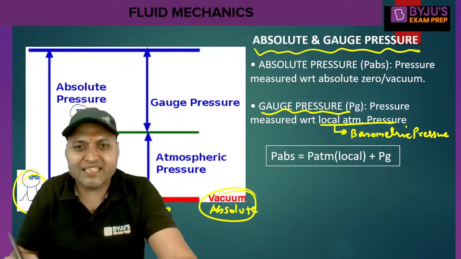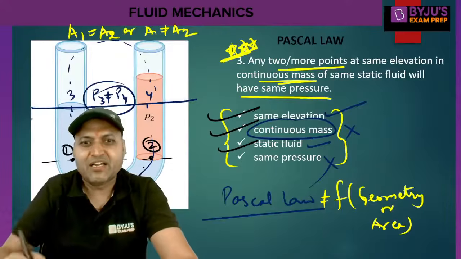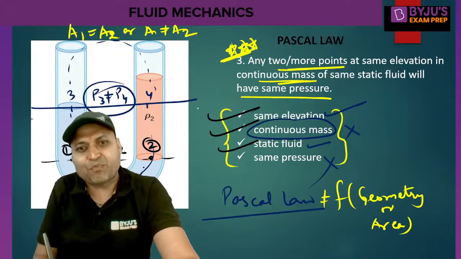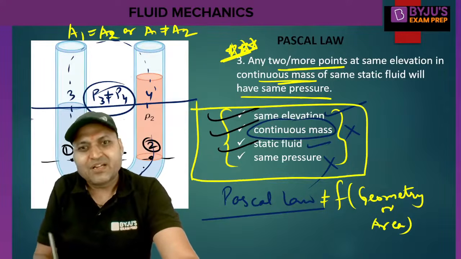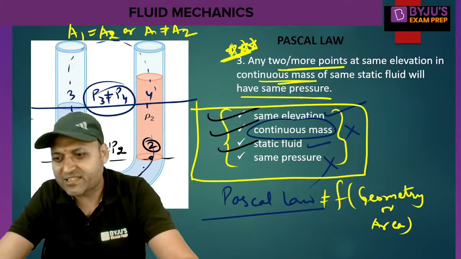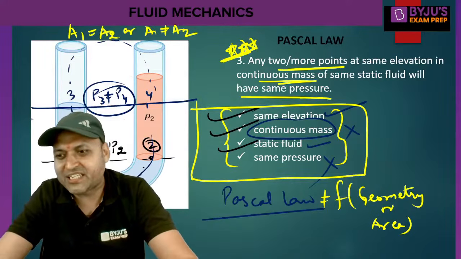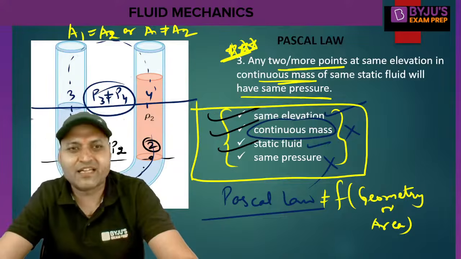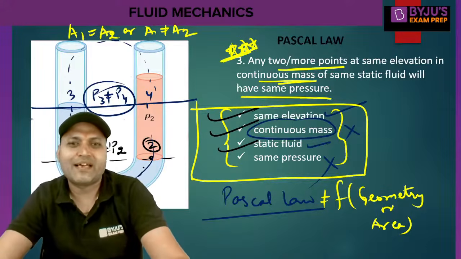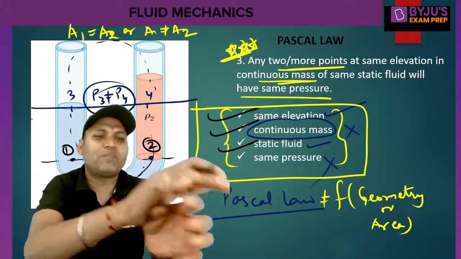The only thing is the conditions which I have mentioned. Any three conditions must get satisfied. Then the fourth one will also be correct. That is called the corollary of Pascal law.